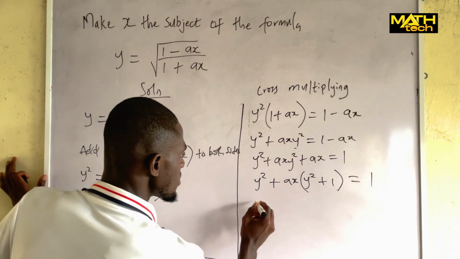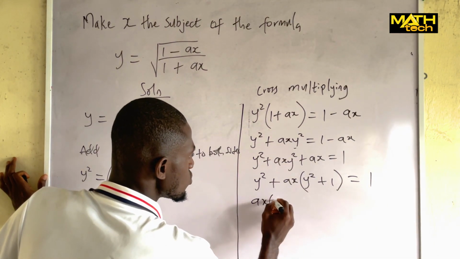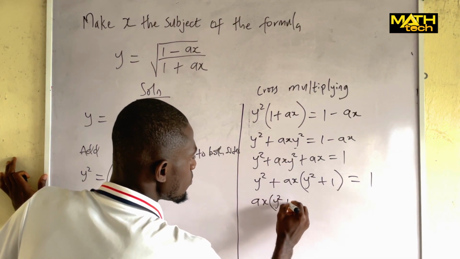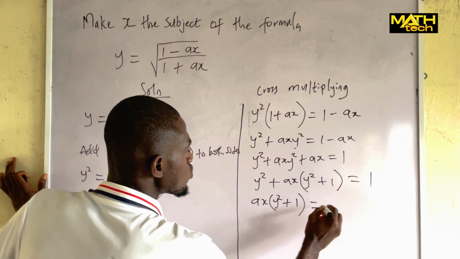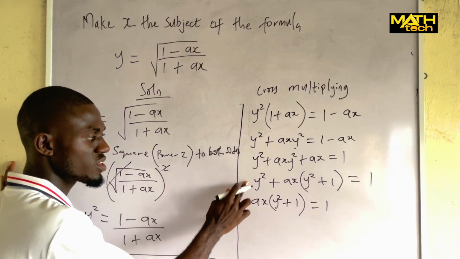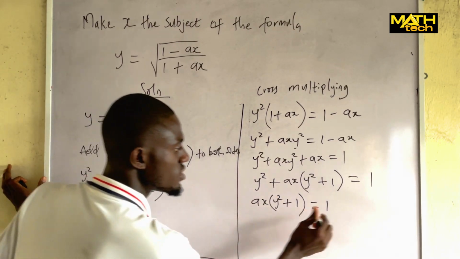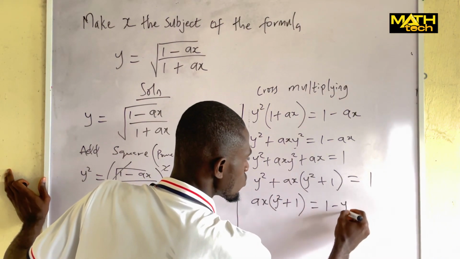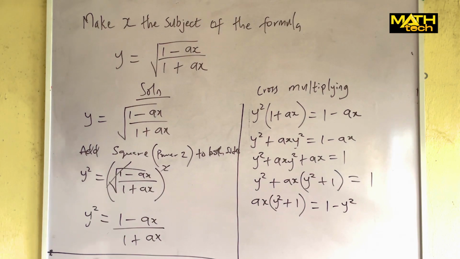So we say ax into y squared plus 1 will be equal to 1. Don't forget, when it crosses the equal to sign, the sign changes from positive to negative: minus y squared.